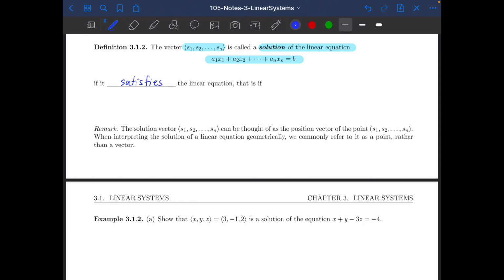That is, if a1s1 plus a2s2 plus all the way up to ansn is equal to b. That is, if you plug in the components of the vector s1 to sn into the variables x1 to xn, add up all the terms on the left-hand side, you will get b.